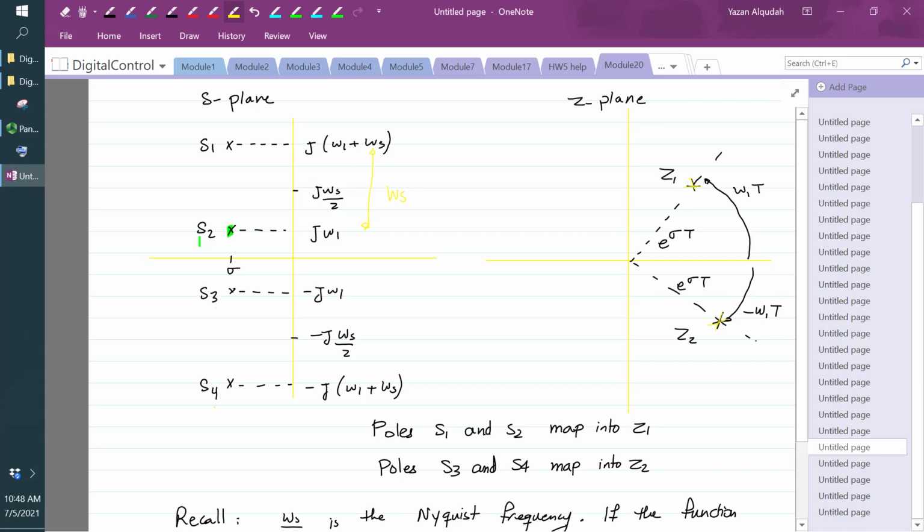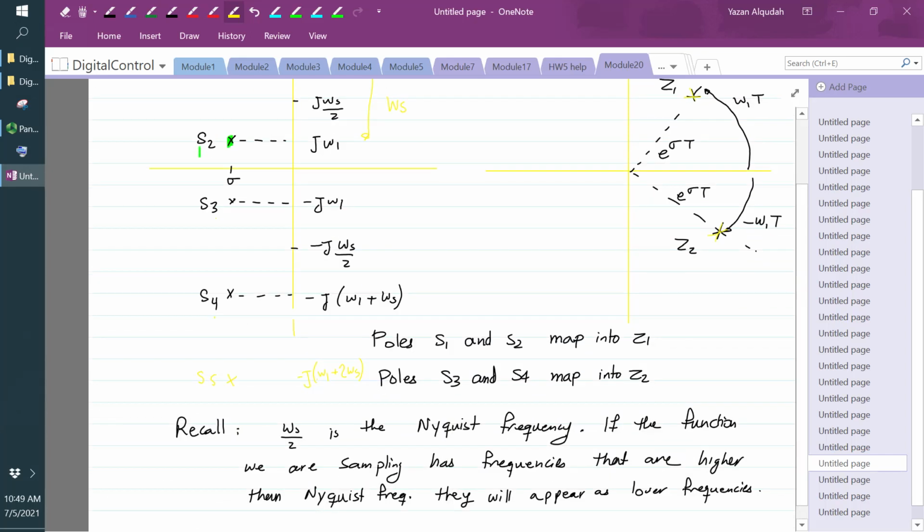And the same thing, if I were to add another pole at this location here, let's call this S5, at negative j omega 1 plus 2 omega s, the same thing is going to map into z2.